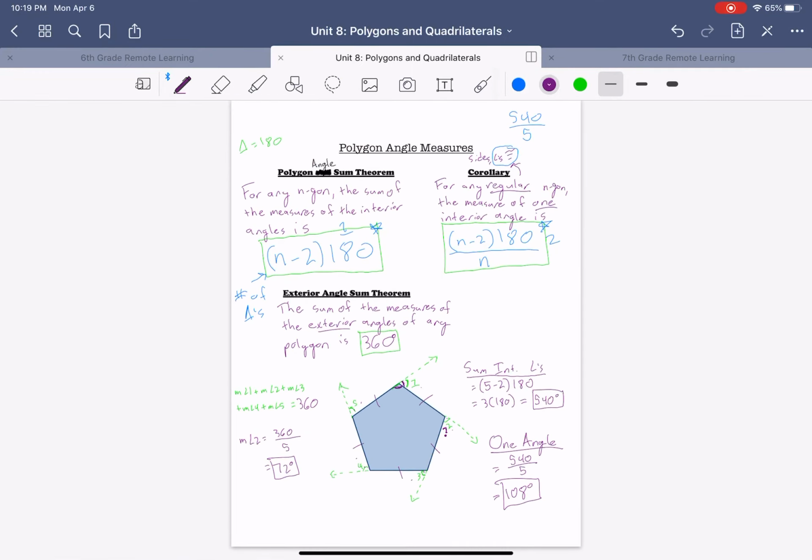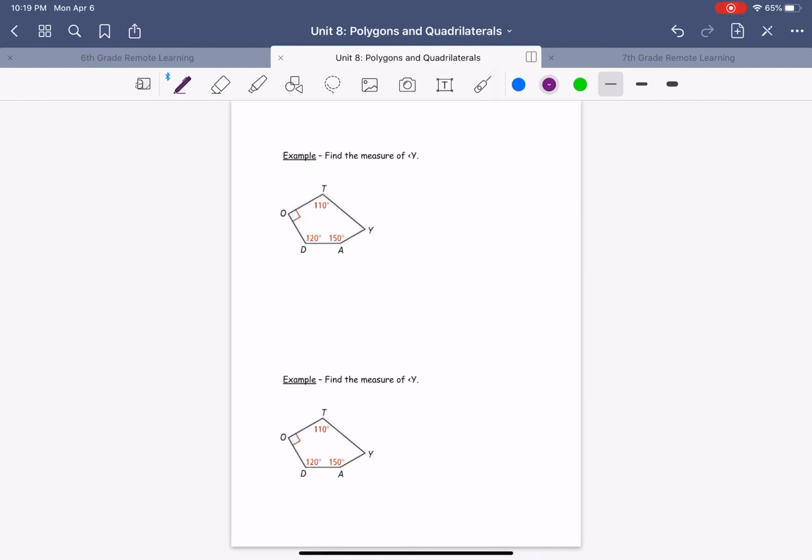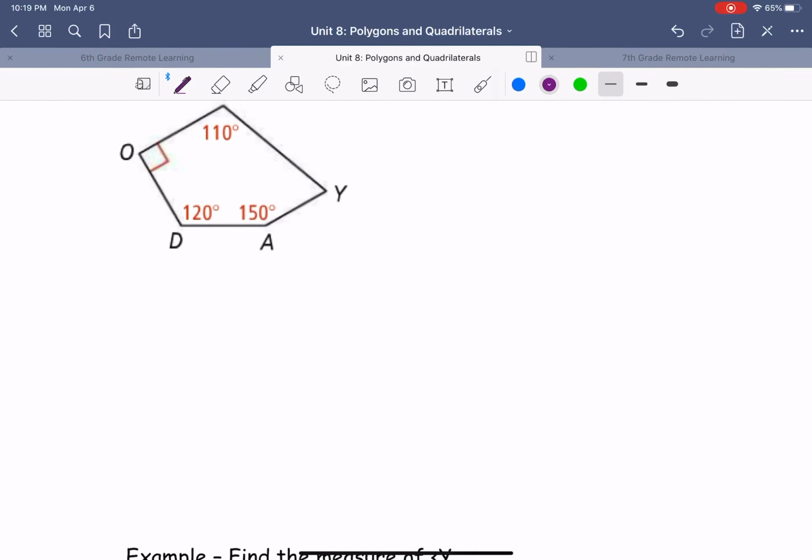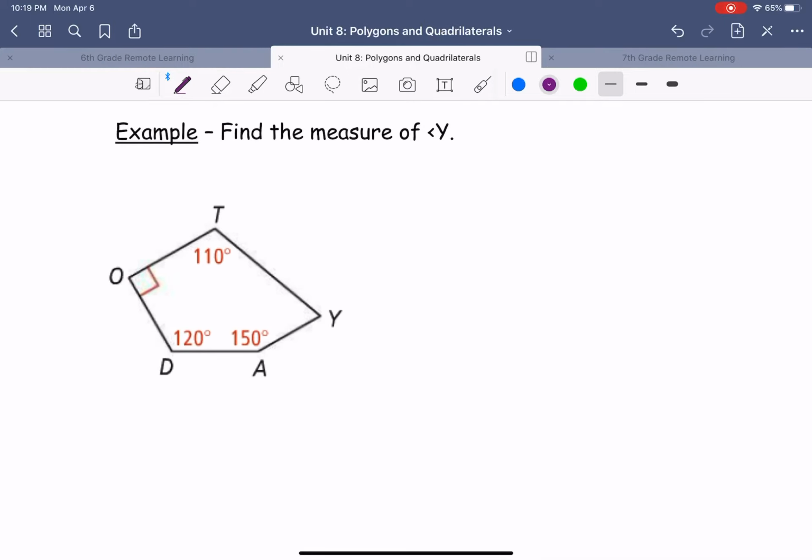Okay? Let's look at our last page with an example. These are both the same example, so we're just going to do the top one because it's identical. Okay, so this says find the measure of angle y. So what we have to do to start is we need to figure out what the sum of all of the angles are together. Okay, so let's count. We have 1, 2, 3, 4, 5.